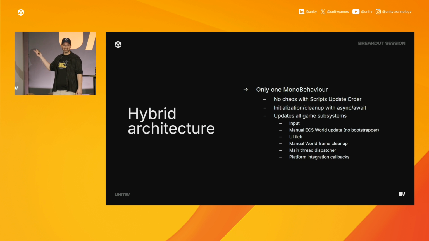But it did not exist at the time we started working on the project. And like many other things in this talk, the reason I say no to something is not because it's bad, but because it did not exist at the time, and once we had our solution, it didn't always make sense to migrate. Then we take the UI, which goes to JavaScript, and all the layout is done and everything like that. Late in the frame, we have a cleanup for the ECS world because some allocators need to be cleaned up every frame. So this is where we do that.